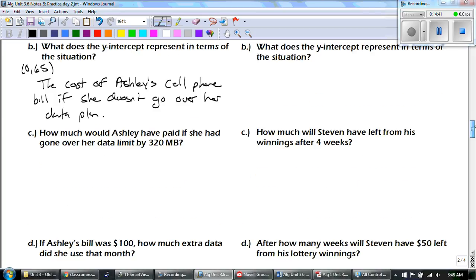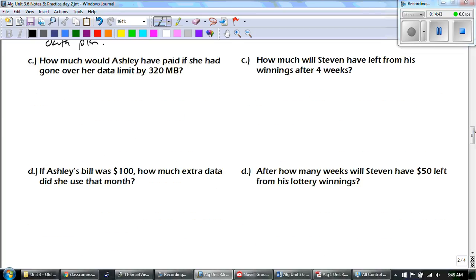Okay. Now, for C and D, you guys are going to have to do that on your own. How much if her data limit was 320? So they tell you the data, so you have to find y. And then for D, they tell you the bill and they're asking you about the data.